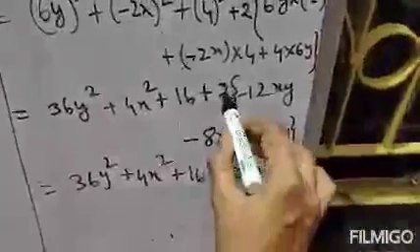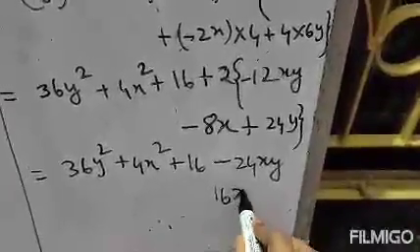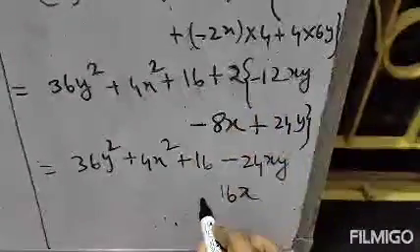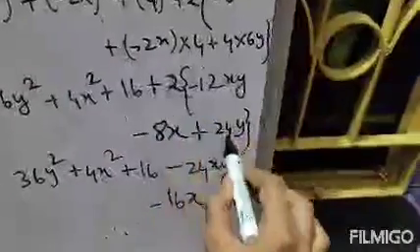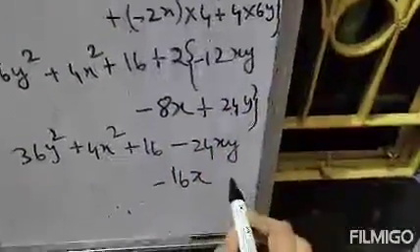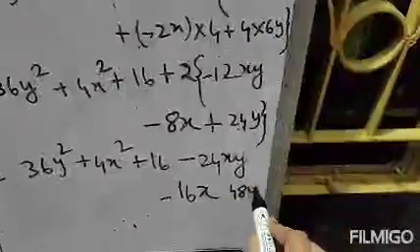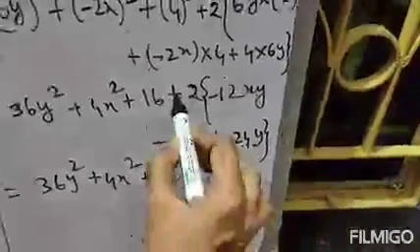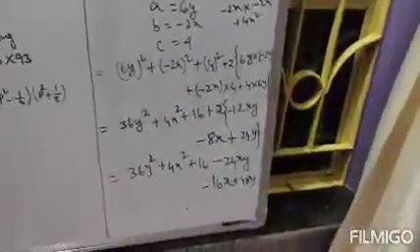Now multiply 2 to 8x, so 2 eights are 16 and x, plus minus gets minus. Next 2 twenty-fours are 48, so 48y. Now plus plus gets plus, so this is your answer.